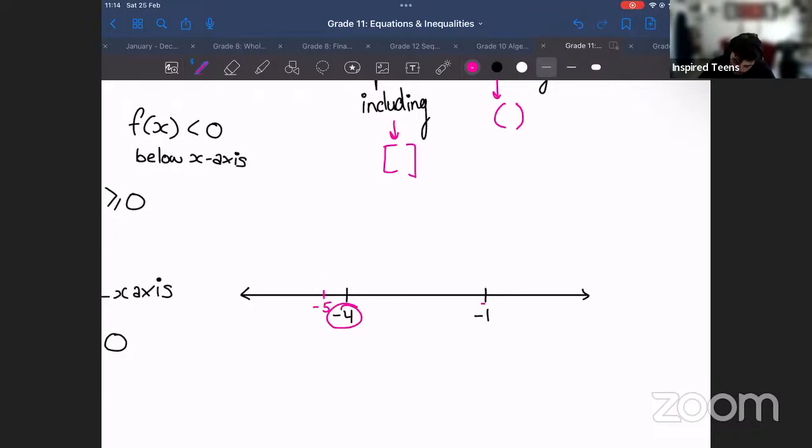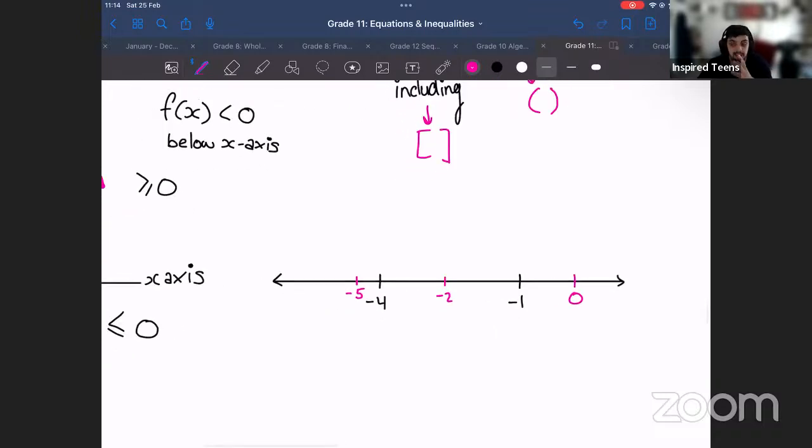Between -4 and -1, I could use -2. After -1, I could use 0. I'm just using a number that lies on that specific part of the number line. That's how I'm going to determine whether it is positive or negative, for each segment.